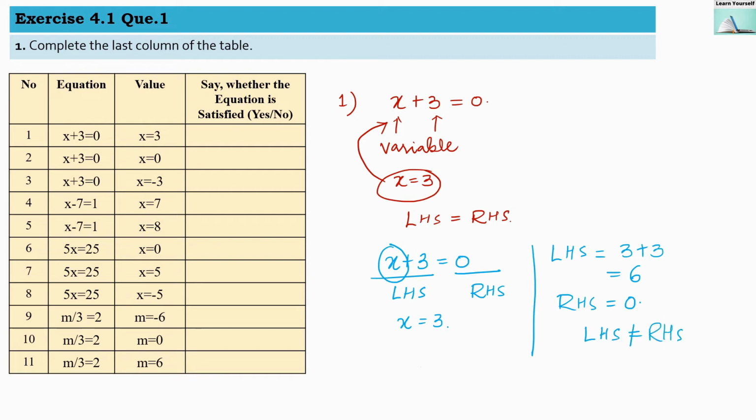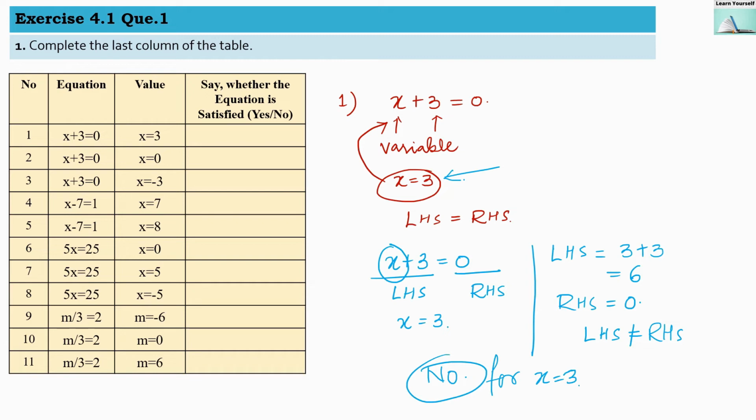So here this equation is not satisfied for the value which they have given, that is x equals 3. So the answer is no, the equation is not satisfied for x equals 3. When we take x equals 3, this equation will not hold true.